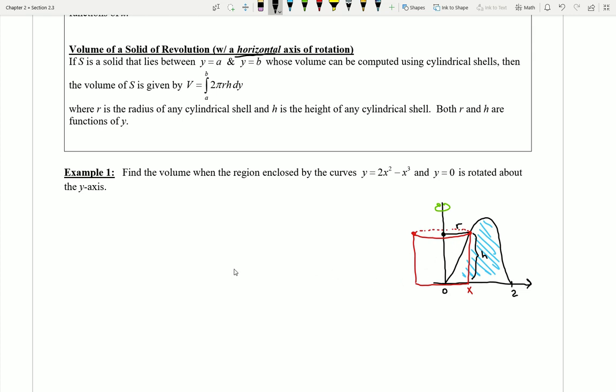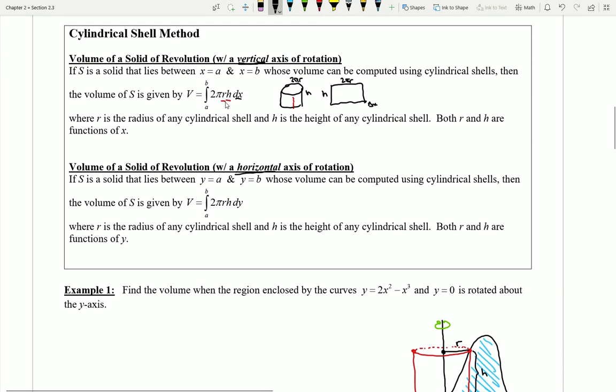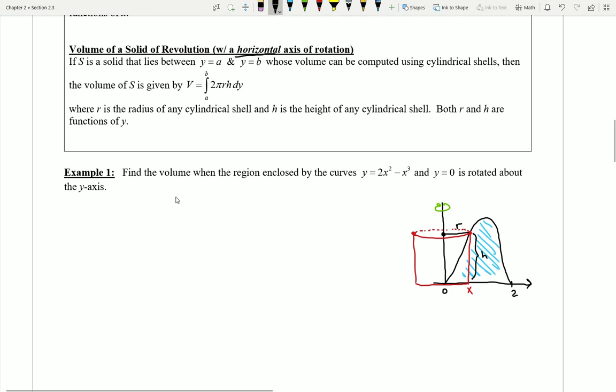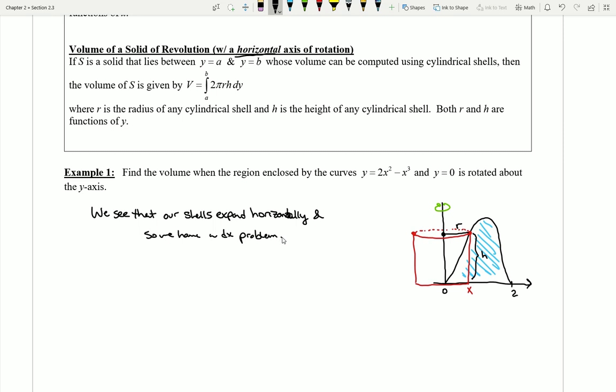If I can find those things, then notice I have everything I need to go ahead and set up my resulting integral. So I'll go ahead and start by just recording the lengths of these different pieces. So we see that our shells expand horizontally, and so we have a dx problem to work with.